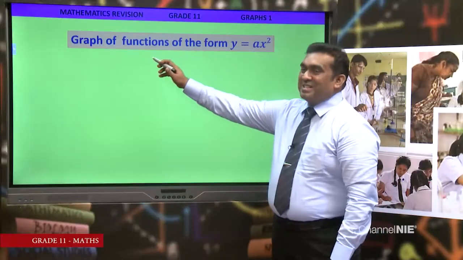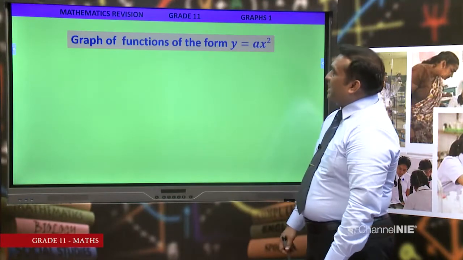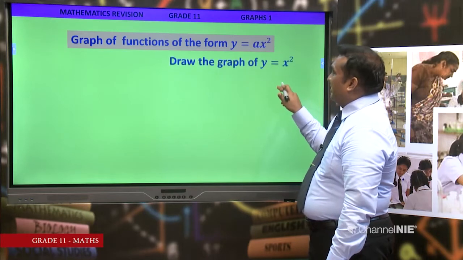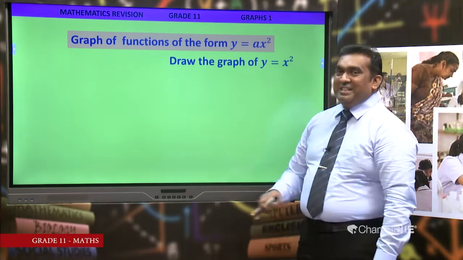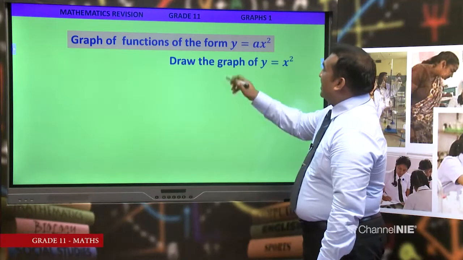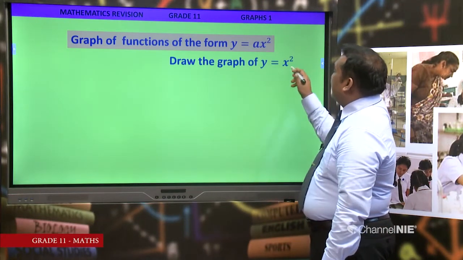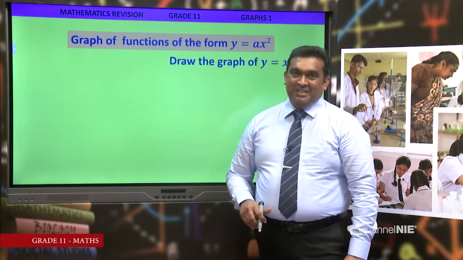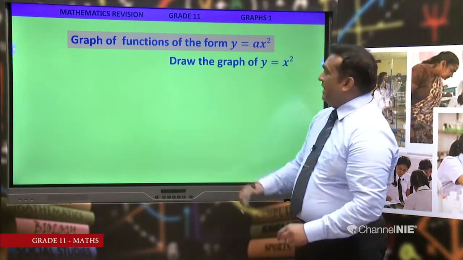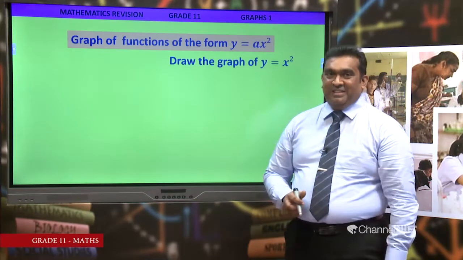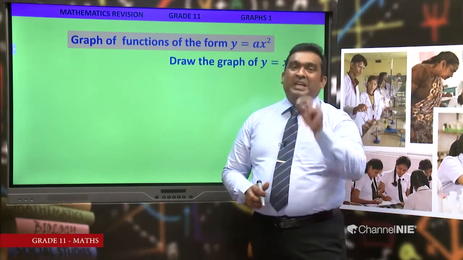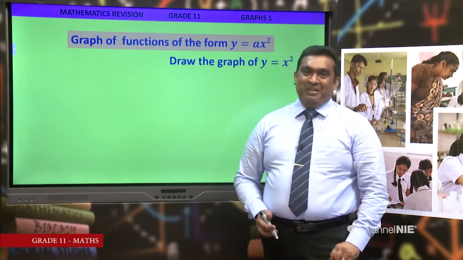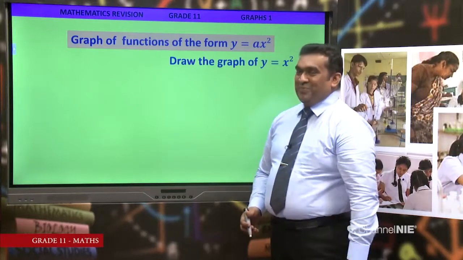Here we are going to discuss the graph of functions of the form y equals ax squared, right? Then we are going to draw the graph of y equals x squared. Then what is the value of a? A equals 1 here. What is the meaning of a? A is a real number except 0.